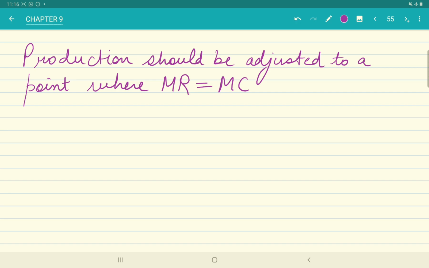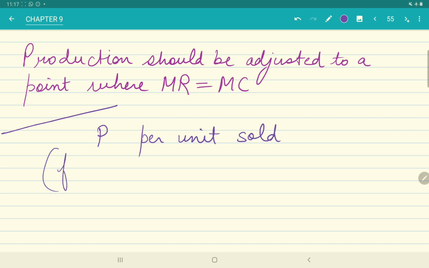Now, given all this, let's assume that the firm is getting a fixed price P per unit sold. So P per unit sold is the fixed price received by the firm.